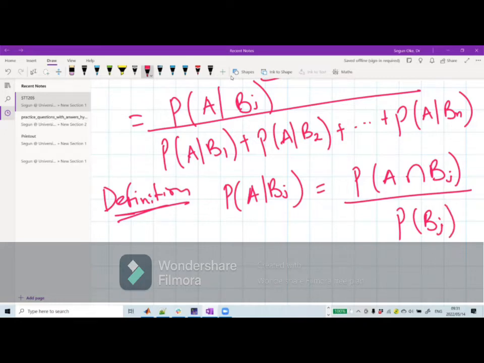Now, in this case, that I know the definition of this or any of these, I can actually look for, assuming you are given this, if they give you this, and you are looking for this, you don't know this, what will you do? And you know this one. What will you do? How do you solve it?